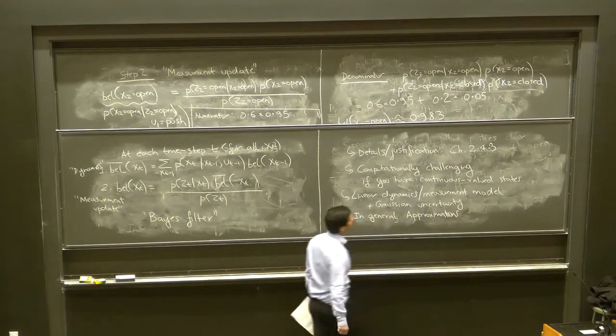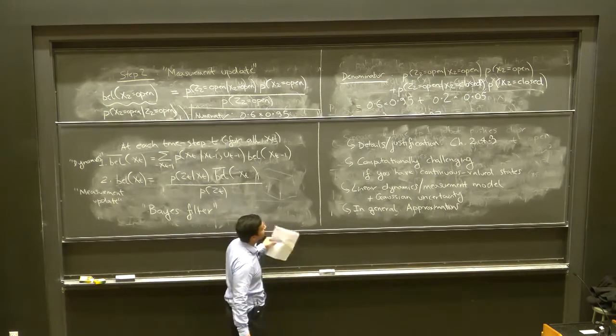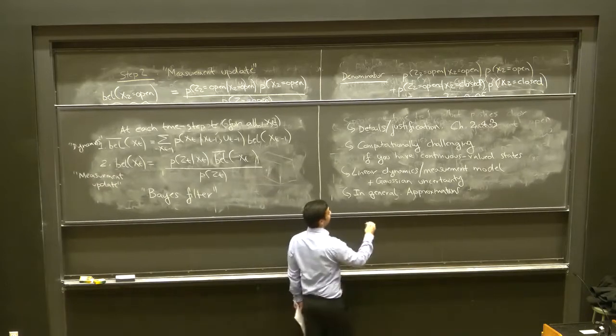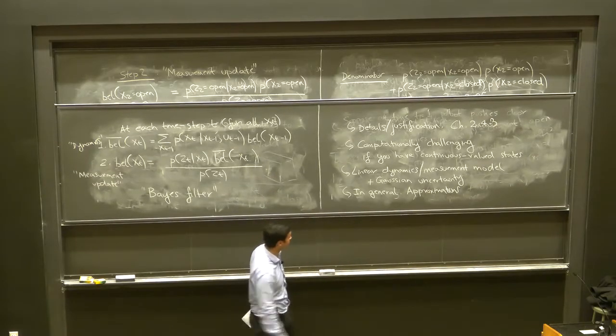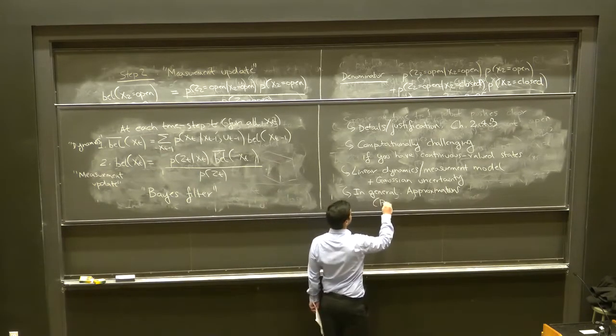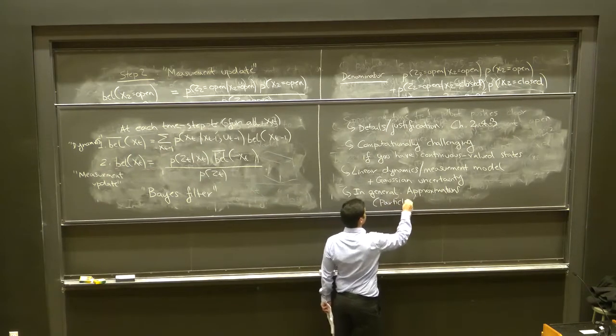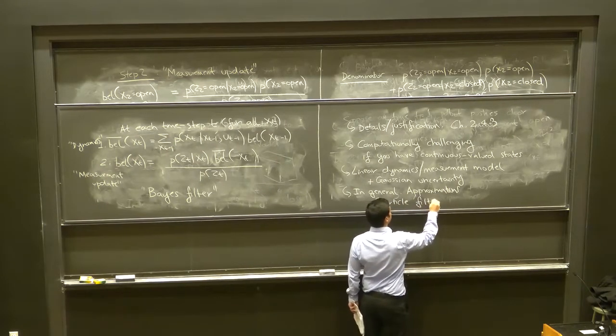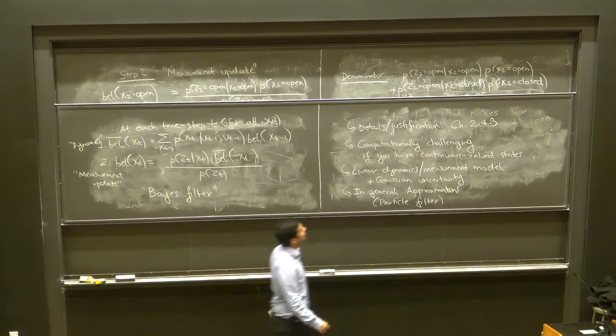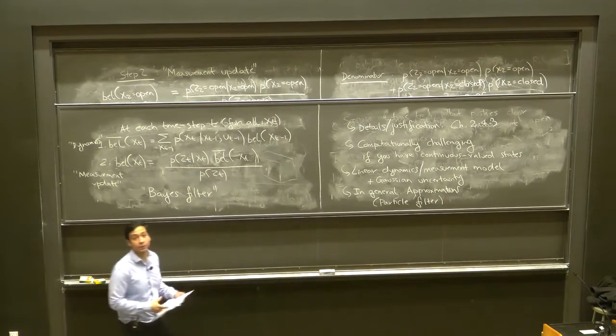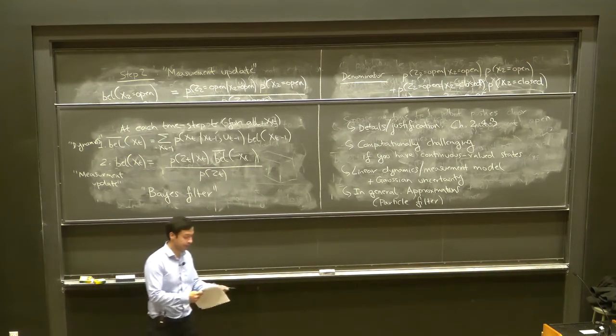One of the really popular techniques for approximately implementing the Bayes filter is called particle filtering, which is very widely used in practice, and which we'll also discuss in the next lecture.